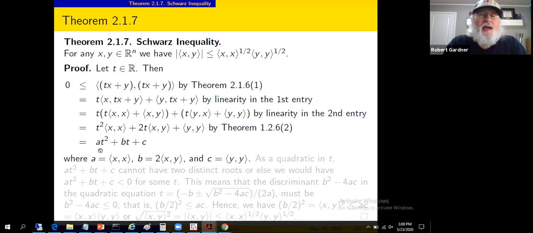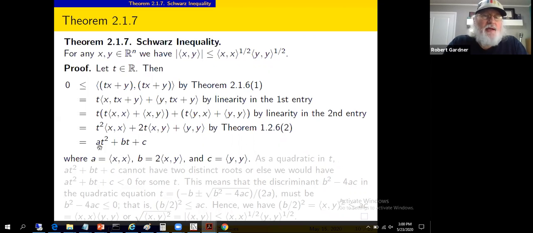So if you were to graph this, and we were given x and y, so A, B, and C are all determined from x and y, they're constants, but think of t as varying. So if you were to graph at squared plus bt plus c, that'd be a parabola. Opening upward parabola or opening downward parabola? Concave up, concave down.